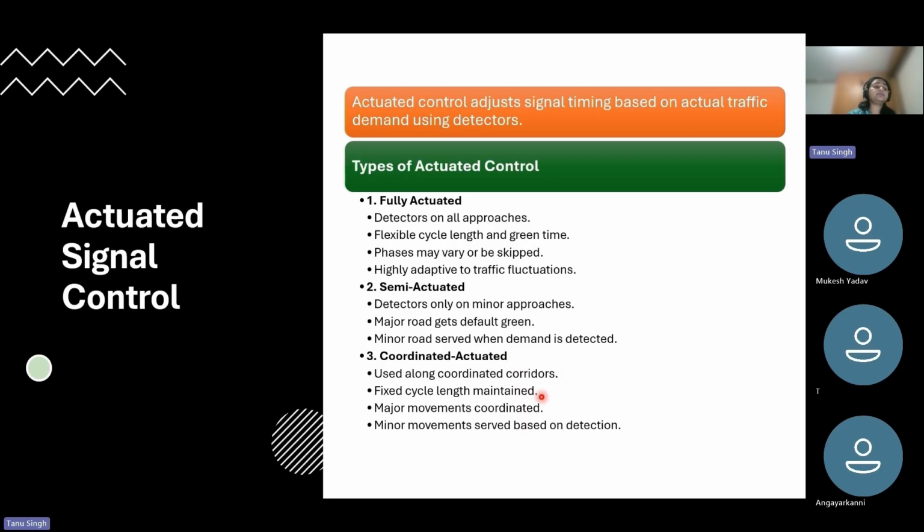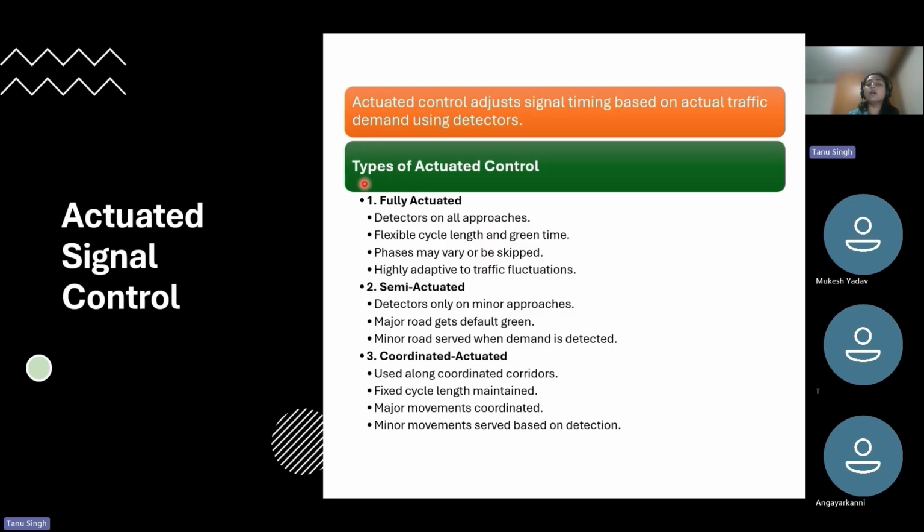To maintain this coordination, a fixed cycle length is used, but minor movements are still based upon detection. So whatever the signal cycle length is in a particular corridor, all the intersections will have the same cycle length in coordinated actuated control. These are the three types of actuated control.